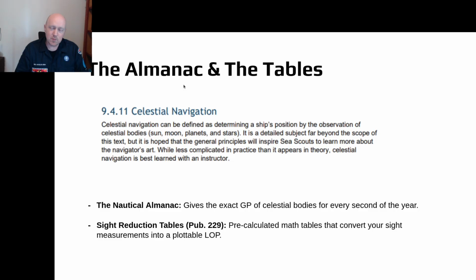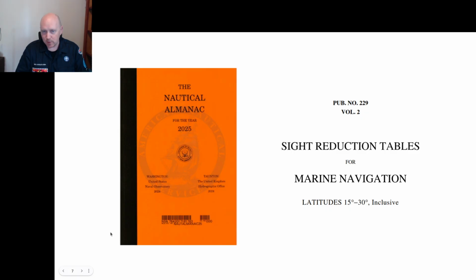And again, we're not going to get into the books, but there's really 2 books out there. And what those books do, it's the Nautical Almanac and the Sight Reduction Tables. And basically what they do, this is what the Nautical Almanac looks like. It's always orange. This book tells you more or less, and you update it each year. You need a current one.